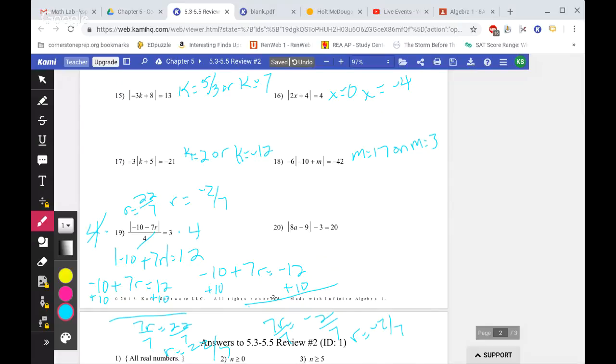Even if you have a problem that's set up ready for you to solve, and you're about to put it into the negative and positive, even if the number behind the equal sign is a negative, you still turn it into a positive? Yes, that's a very, very good question. I'm so proud of you for asking that.